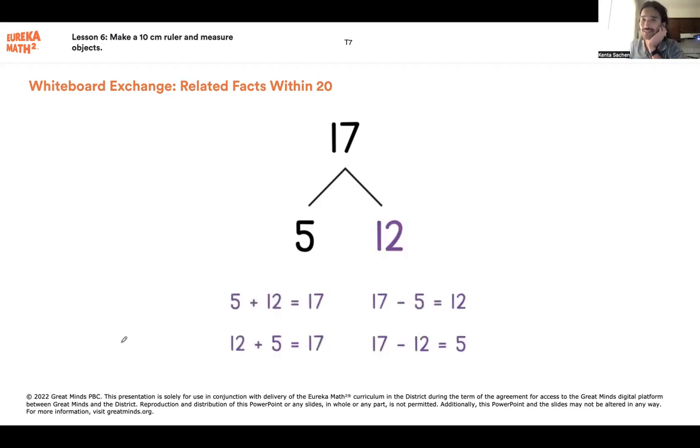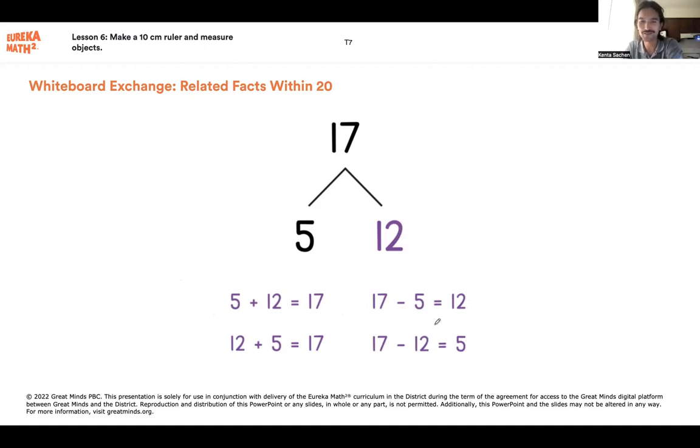Okay, so let's read these. Same exact deal. 5 plus 12 equals 17, or 17 minus 5 equals 12. Great. 12 plus 5 equals 17. Or 17 minus 12 equals 5. Good job.